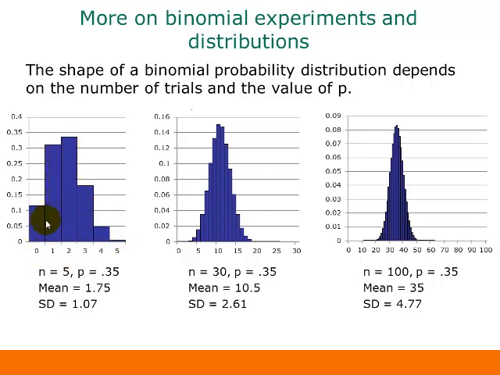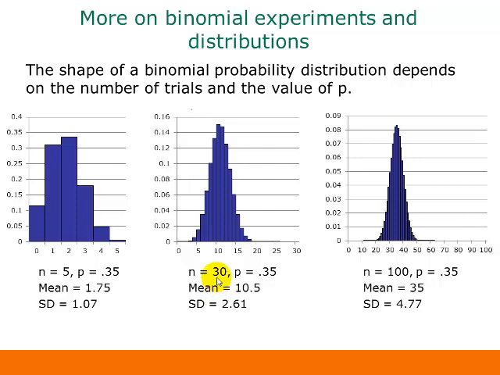And notice what our distribution looks like. Again, we can see that it's skewed a little bit to the right because we have a longer tail over here. Our mean is 1.75, so it's pretty close to the 2, which has the highest probability value, and our standard deviation is 1.07.